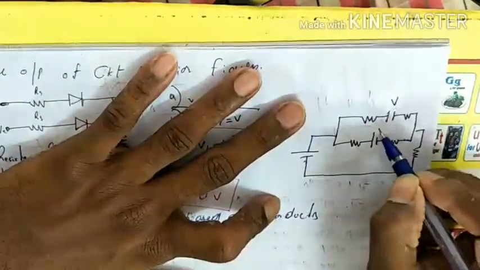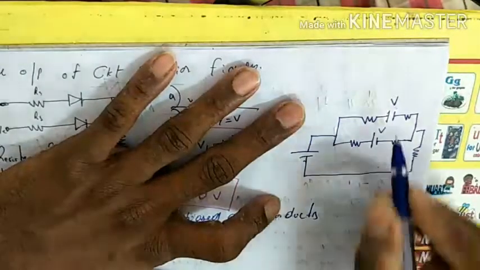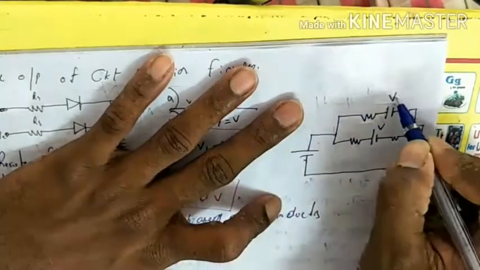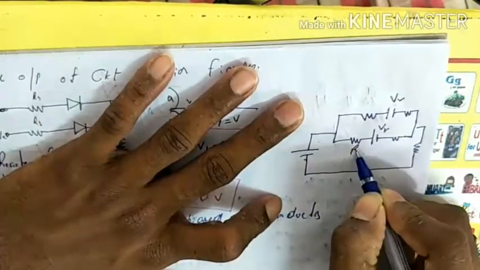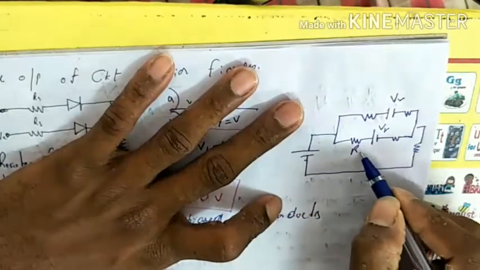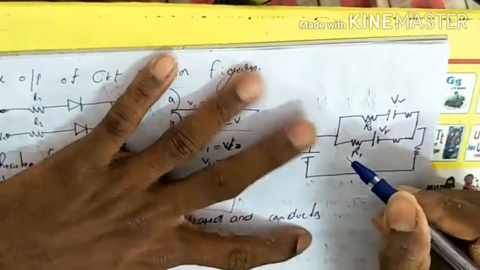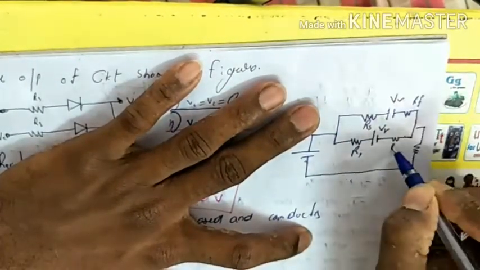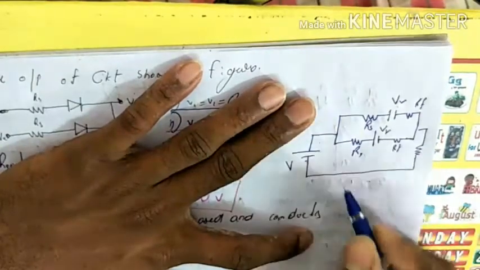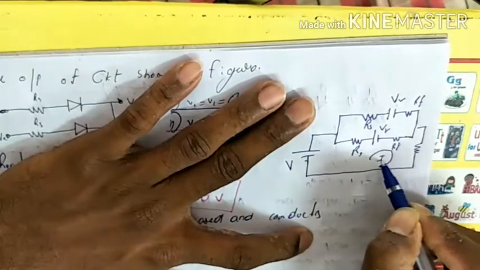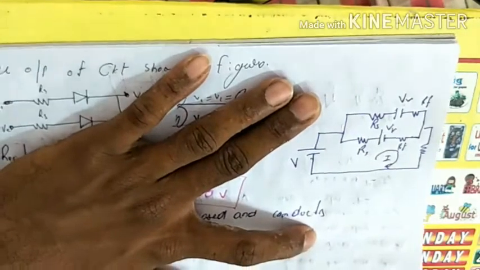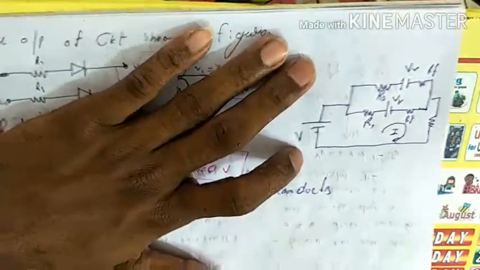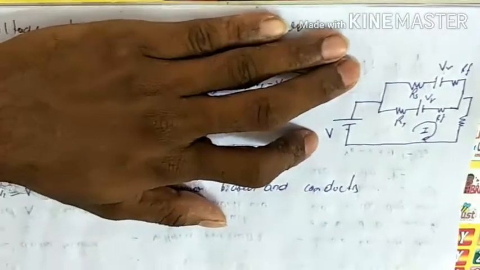This is V, this is the voltage source, VR, this is R, this is RS, and this one also RS, and this one is forward resistance, this one is forward resistance, and this is the current flow symbol. This one is the circuit for case B when V1 and V2 are equal.